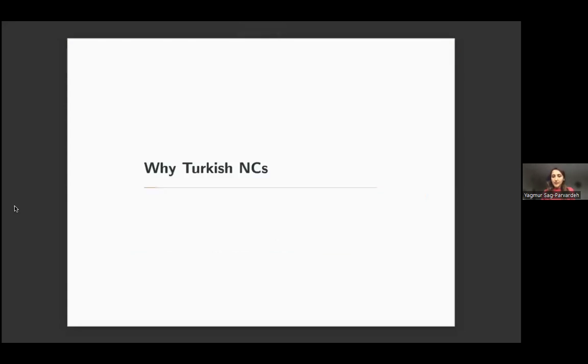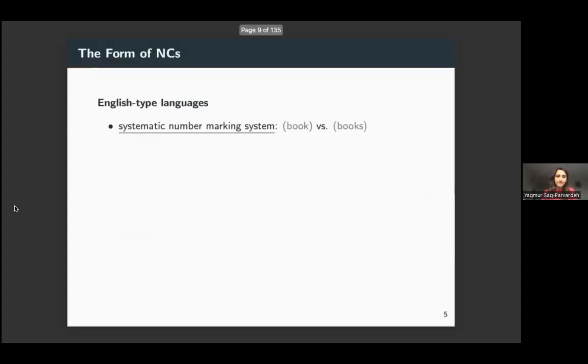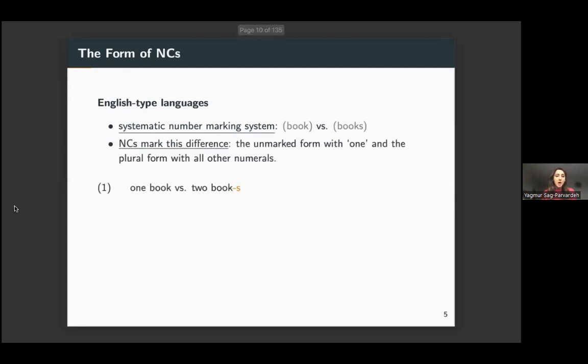So let's start with why Turkish numeral constructions for this claim. But first of all, let's see what the form of numeral constructions looks like across languages. English-type languages have a systematic number marking system. They differentiate between the singular form of the noun, like book, versus the plural form, books. They also mark this difference in their numeral constructions.